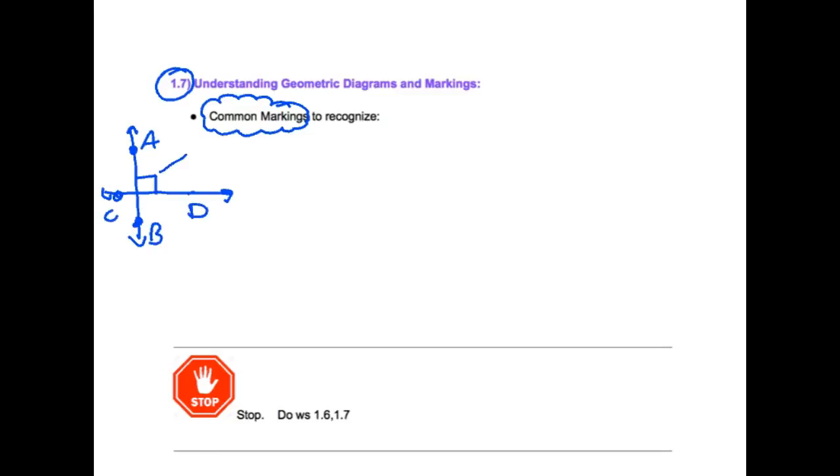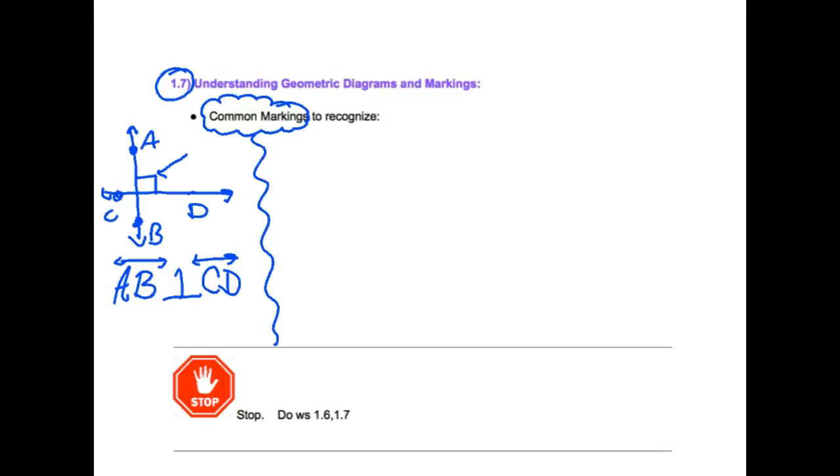This marking right here means that those are perpendicular, and we would say that we can conclude that AB, the line, is perpendicular to, that's our symbol, CD. So we've got a symbol that tells us when things are perpendicular. So when you're doing your worksheet, it's going to ask you, what can you conclude based on the markings? And if you see that little right angle box in there, you're going to conclude that the lines are perpendicular.